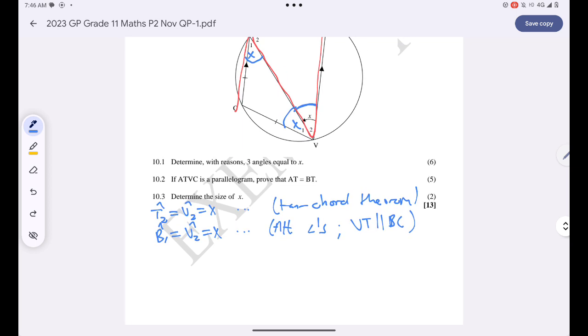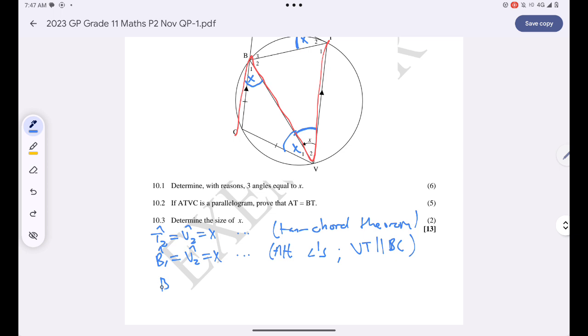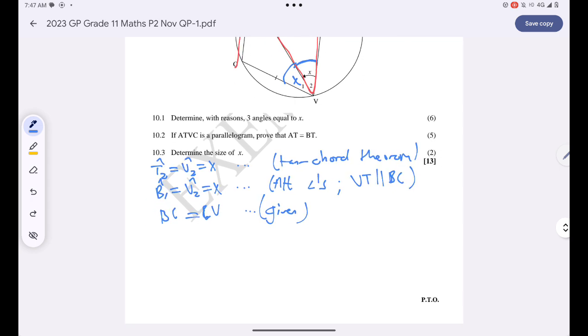Are you together? Thirdly, it was given to me that BC is equal to CV. This was given to me. So I can therefore conclude that angle V1 is equal to angle B1.